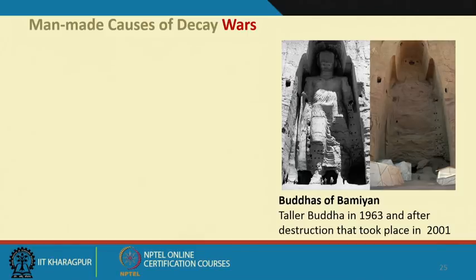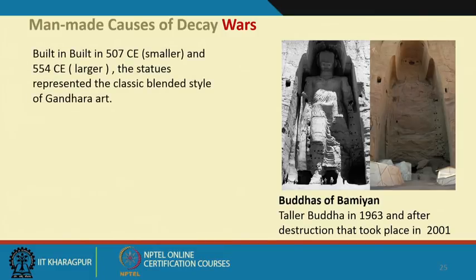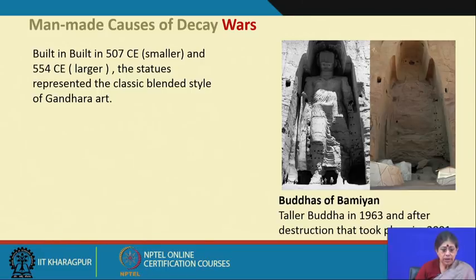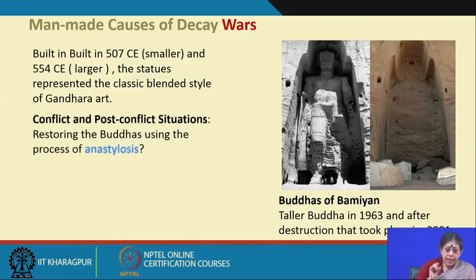It was actually a monastery, where a lot of monks used to stay in ancient times, and the Bamiyan Buddha was a really exemplary structure. A lot of documentation took place there. It was built in the 6th century. There are two Buddhas, one small and one larger, representing the classic Gandhara art, which was quite unique. Now, what happened is that it has been demolished.